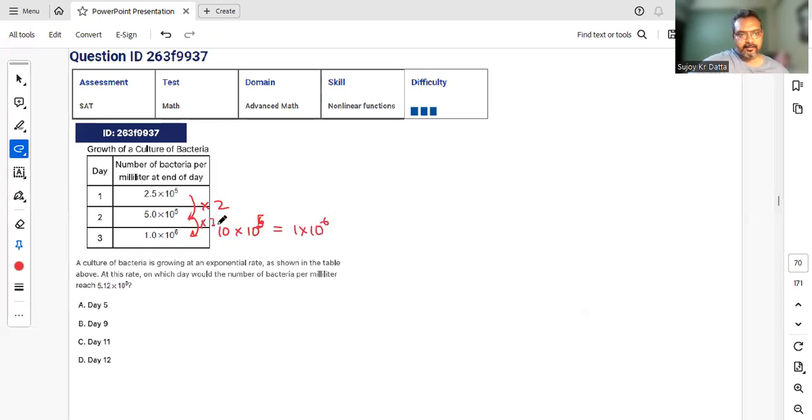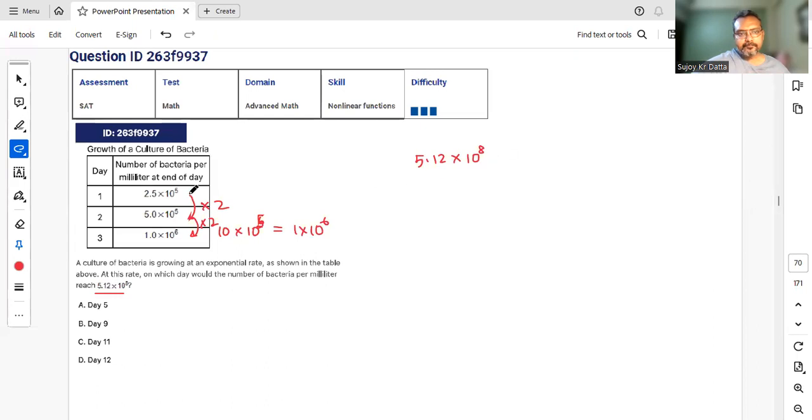So it's doubling every day. They're saying at this rate, on which day would it reach 5.12 times 10 to the power 8?